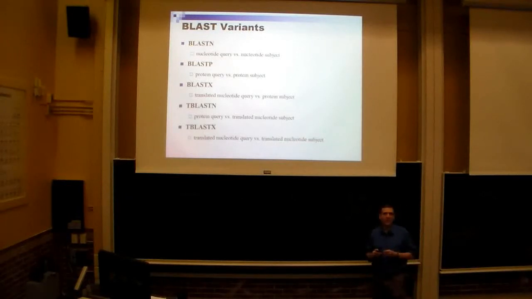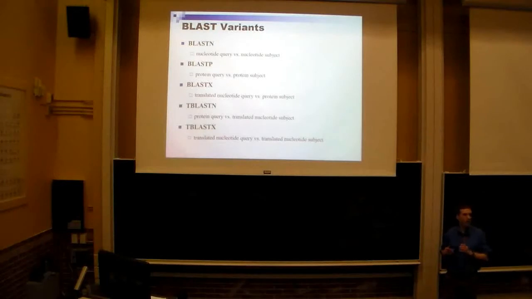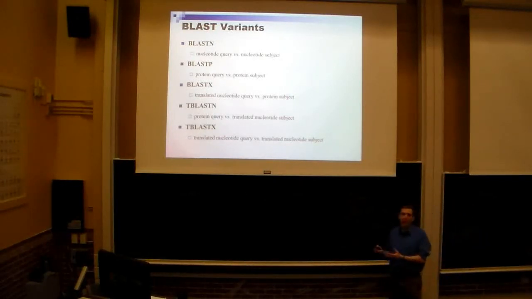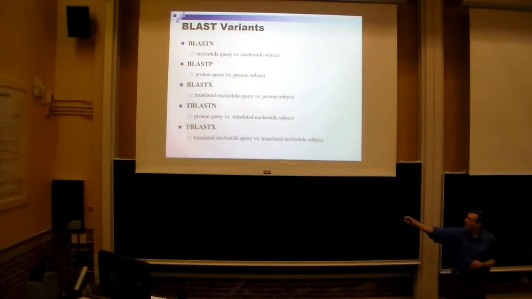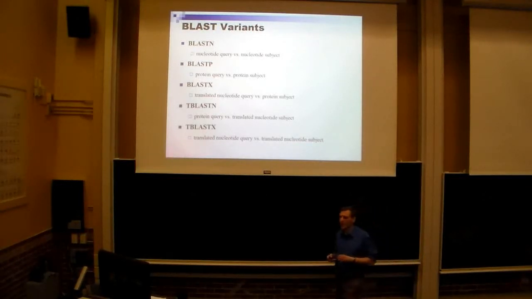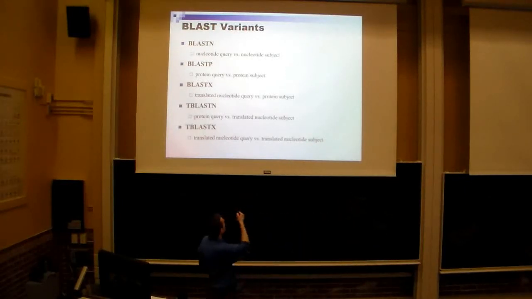Because you have some redundancy in the codon alphabet, so you have multiple codons for individual amino acids, your nucleotide sequences evolve more quickly than the amino acid sequences in general. So if you're looking for the translation, you have a good chance of detecting more distant homology. The amino acid sequences will show similarity over longer time scales than the corresponding nucleotide sequences. So you might be able to catch some more distant homology than you catch just running BLASTN. So any questions about that?